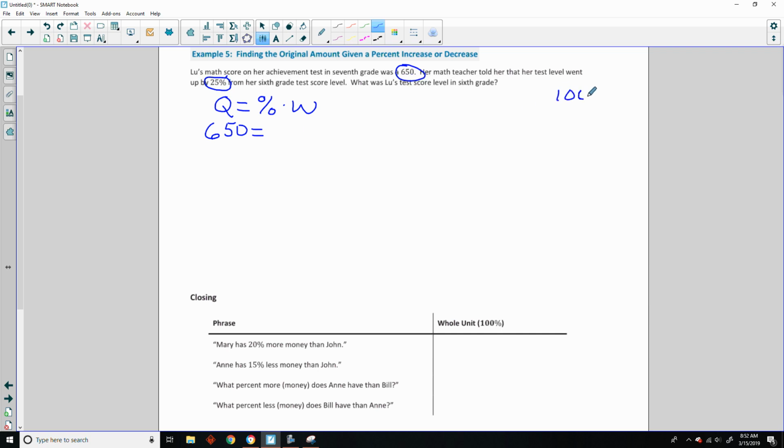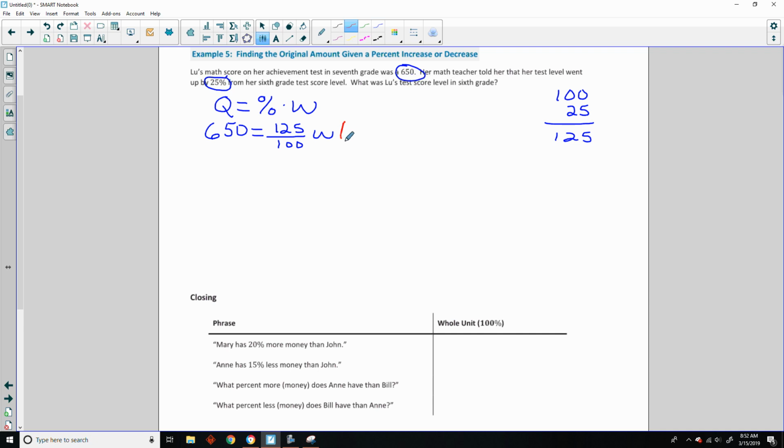So the whole is 100%. Increasing by 25% brings us up to 125%. So I'm going to say 125 over 100 because I prefer fractions. And we're trying to find her score, which is the whole score in 6th grade.